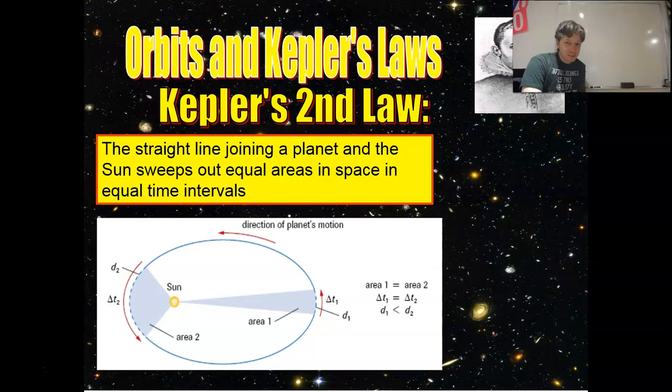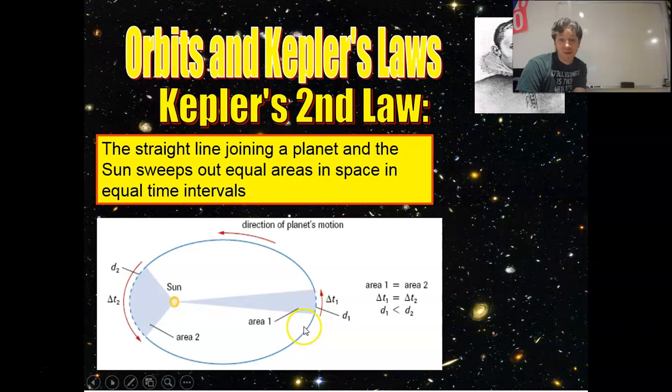And what that actually means is when you're further away, you're moving more slowly than when you are closer up. This also explains why we don't see comets for such long periods of time, because a comet will come very close to the sun, swoop by it, and we'll see it in the sky for a short period of time, and then it goes off into deep space, way past the orbit of even Neptune.